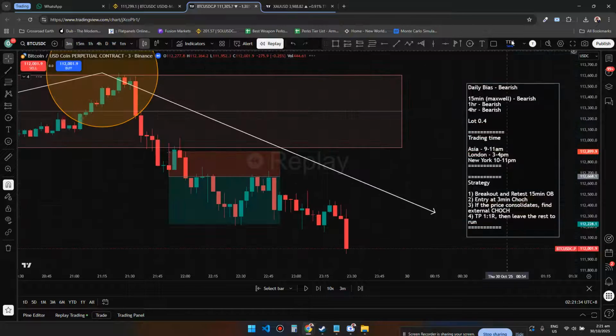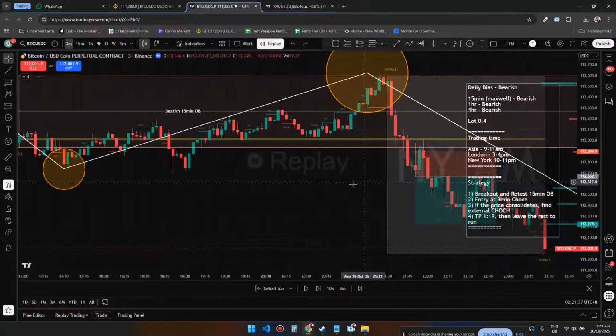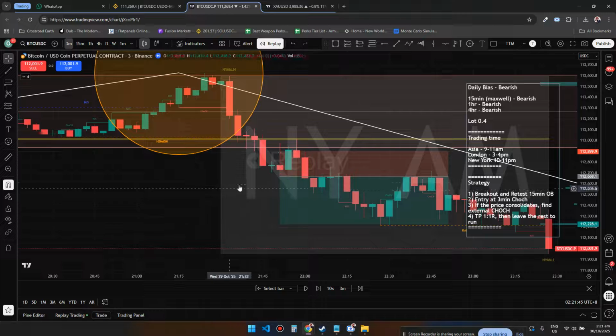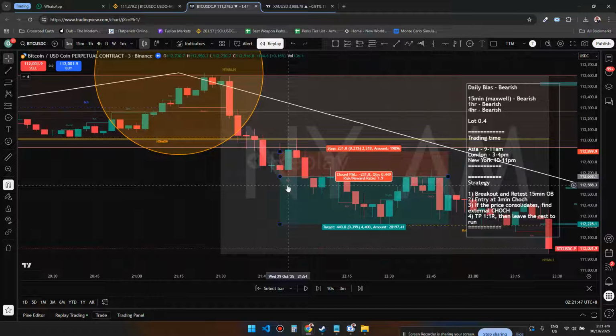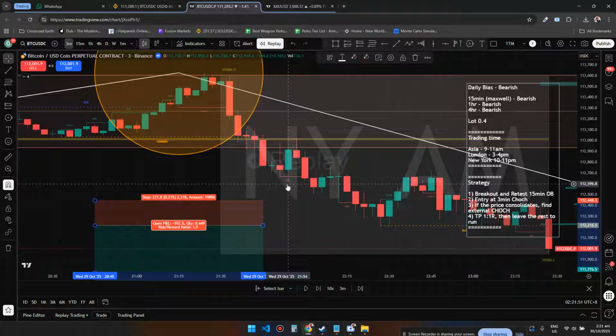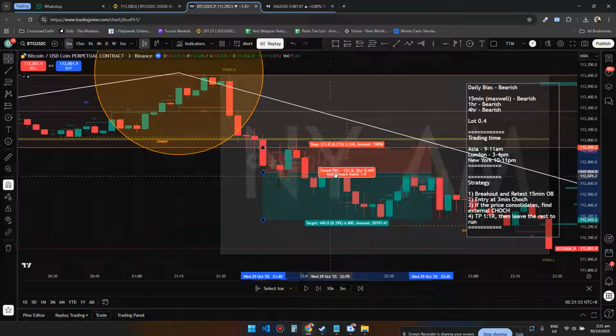So on the 3 minute time frame, I'm looking for a trade. At 10 p.m., you can see that it created a bearish break of structure. This line here is my entry point.